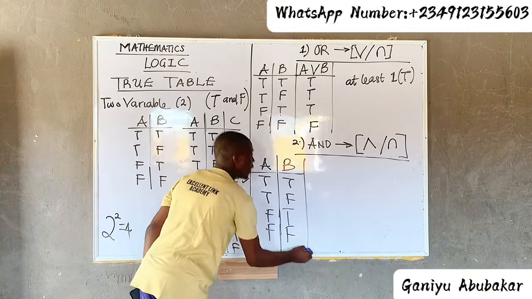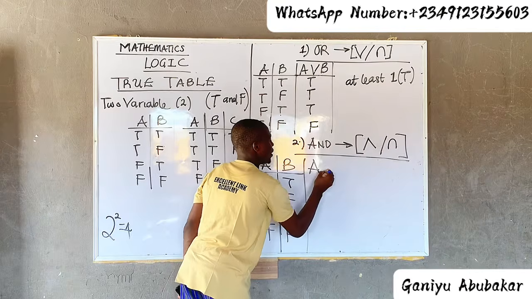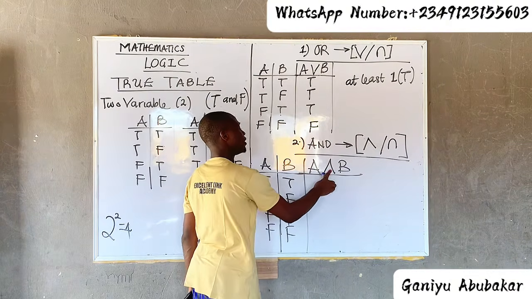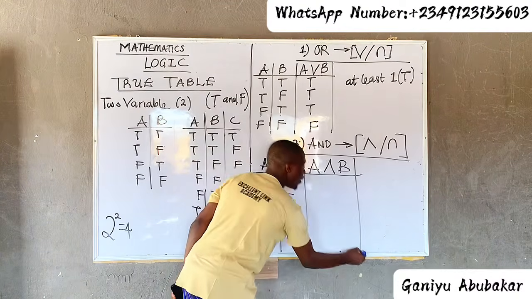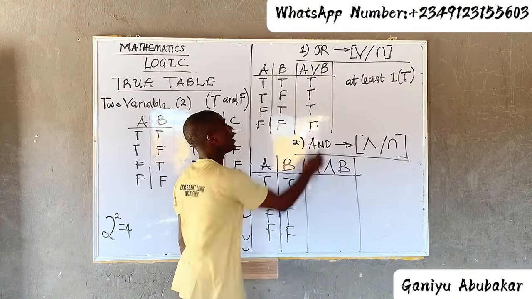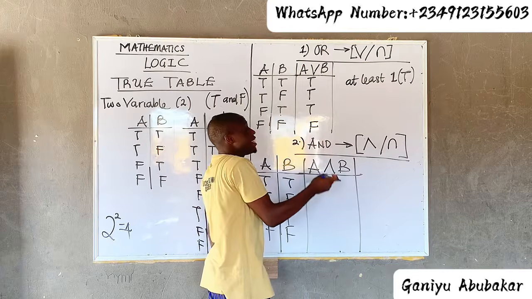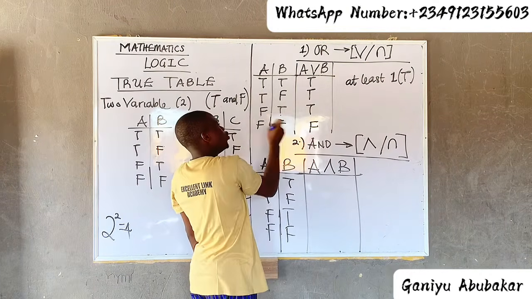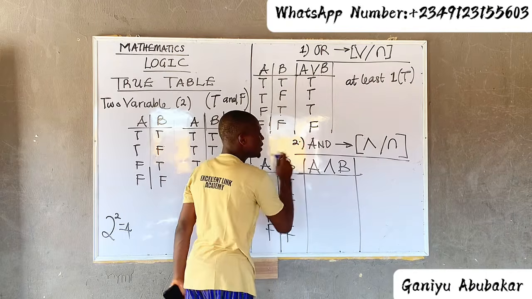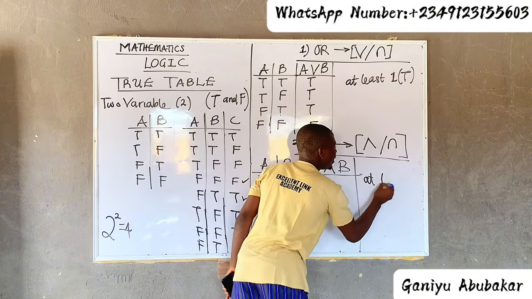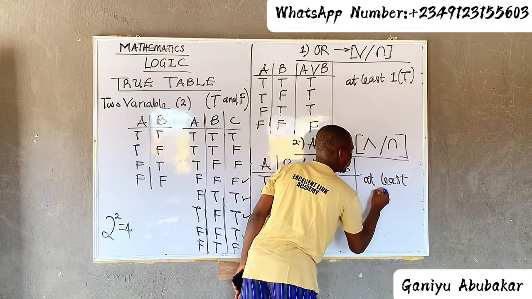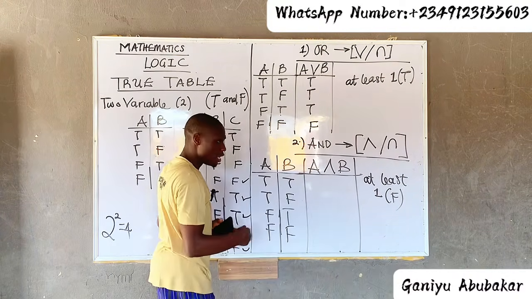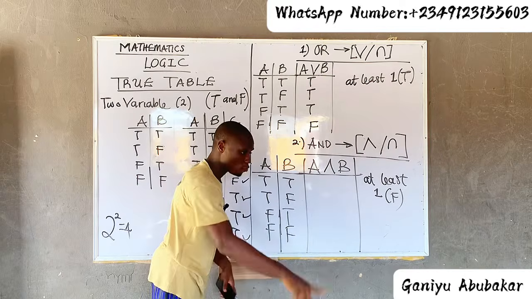Now, if I ask to find A and B, because this is read A and B, this symbol signifies and. So how do you find A and B? We said to find A or B, at least if there's a T, your end product should be T. In this case here, if I have at least one false in anything here, the answer becomes false automatically.